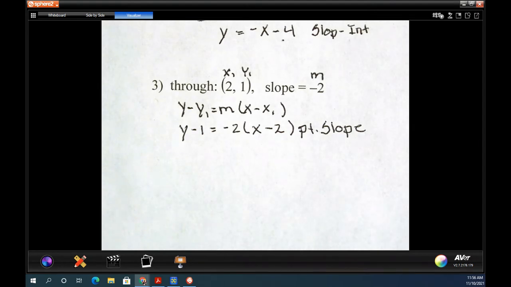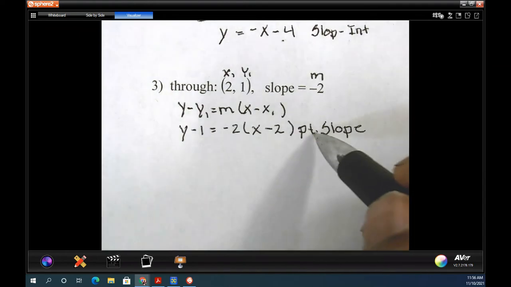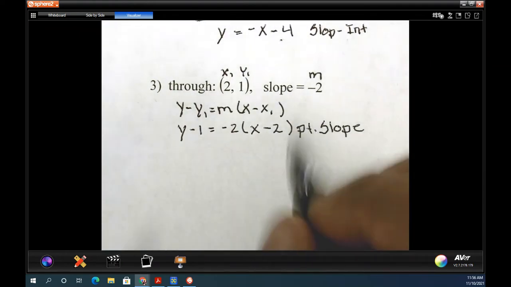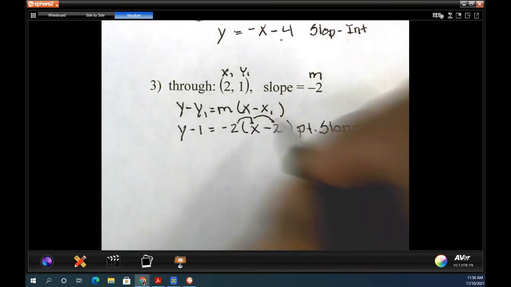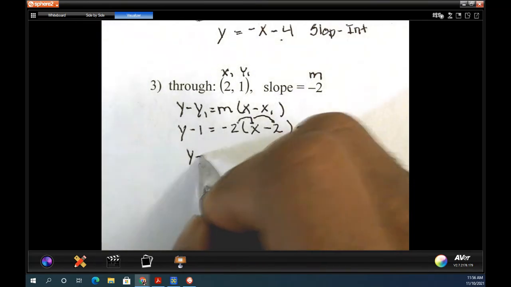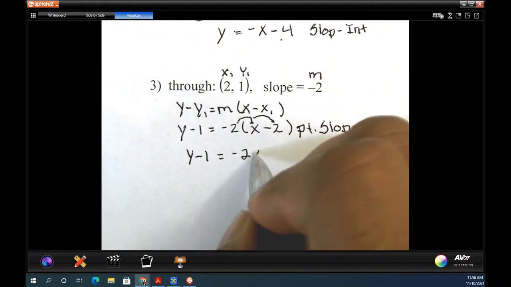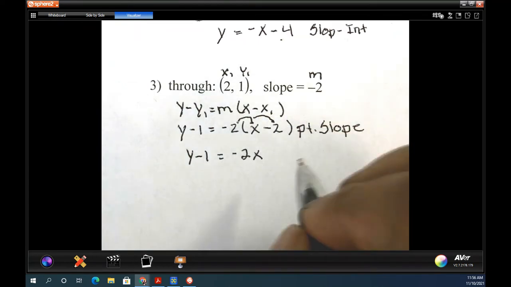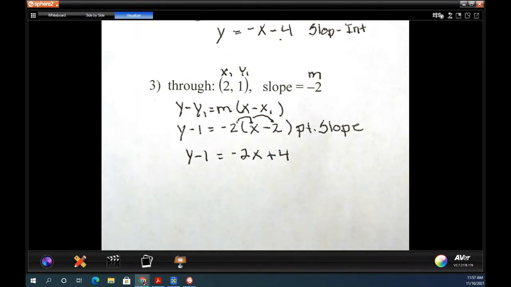Now, if they tell you to go get the y, put it in slope intercept form, you're just solving for y. You can't get the slope intercept form without going through this. So here's what we do. Distribute. So that becomes y minus 1 is equal to negative 2 times x is negative 2x. Negative 2 times negative 2 is positive 4. Use your calculator. Now, you have one thing left to do.